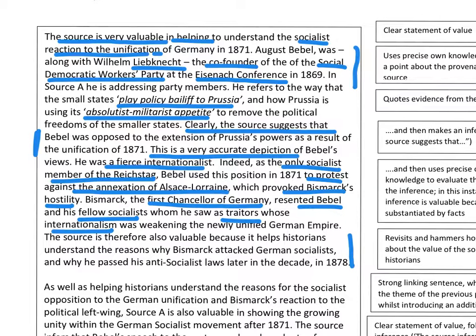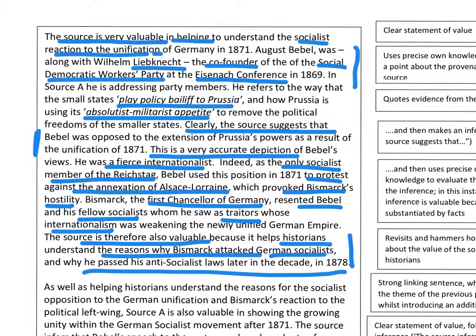It just reminds the examiner that you're focused, because you're being asked to assess the value of the source. The source is therefore also valuable because it helps historians. That's what value is about. It's value to historians. It helps historians understand the reasons why Bismarck attacked German socialists and why he passed his anti-socialist laws later in the decade in 1878.